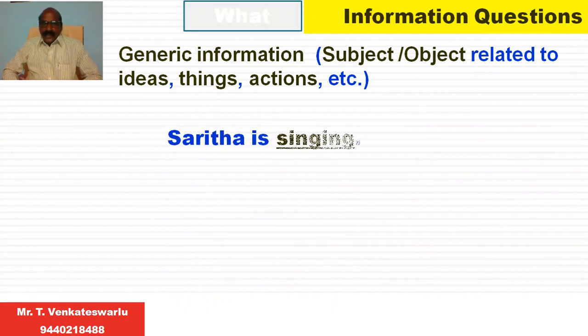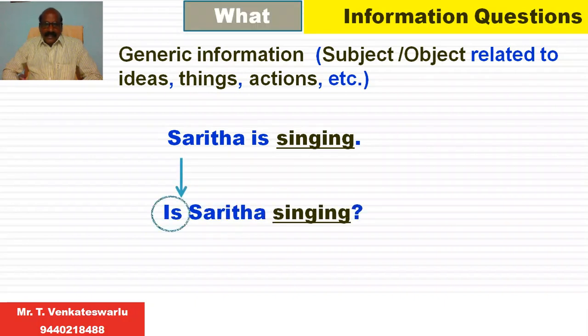Next, another example. Sarita is singing. And here the underlined part is related to some action. When some action is underlined, we have to start the question with what only, and the statement should be changed into a yes or no type question first by inverting the subject and the verb. Then, is Sarita singing?